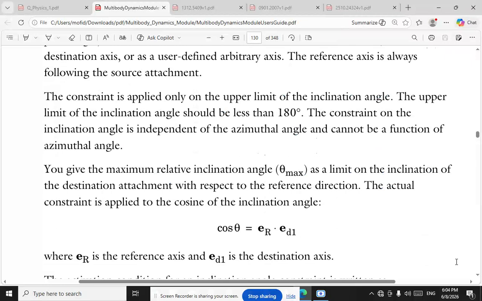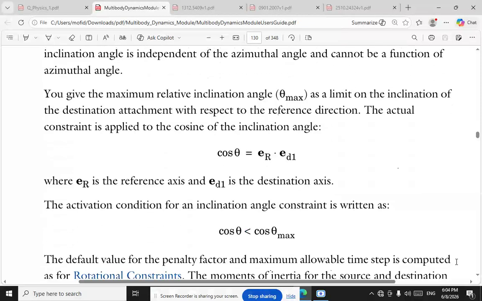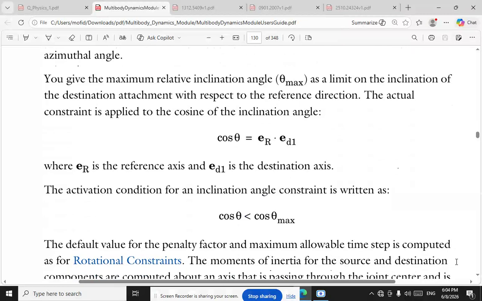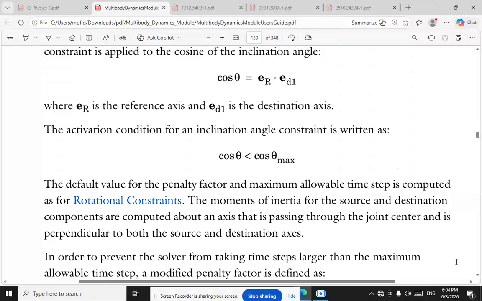You give the maximum relative inclination angle, theta maximum, as a limit on the inclination of the destination attachment with respect to the reference direction. The actual constraint is applied to the cosine of the inclination angle. So we have cosine theta is equal to e_R multiplied by d1, where e_R is the reference axis and d1 is the destination axis.